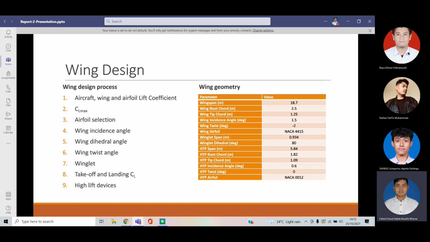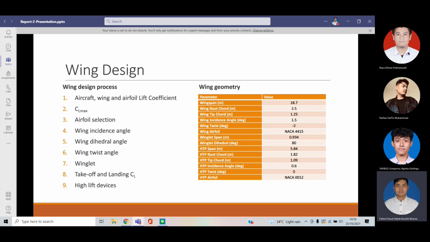Then we can select the proper airfoil, and then design the wing incident angle, dihedral angle, twist angle, winglet, takeoff and landing distance, as well as the high lift devices. From the value of CL, we selected the NACA 4415 airfoil for our wing. We selected this airfoil because it has a high lift coefficient as well as good stall characteristics.